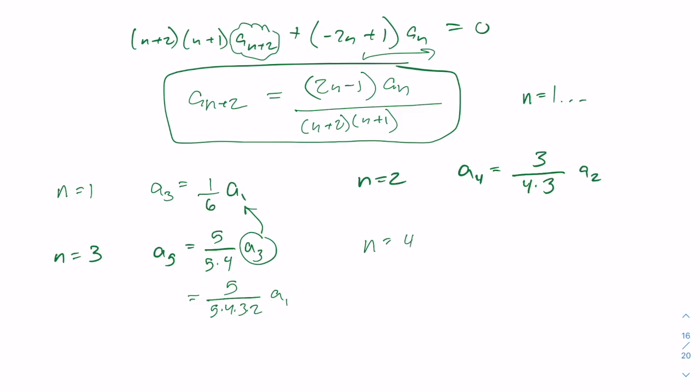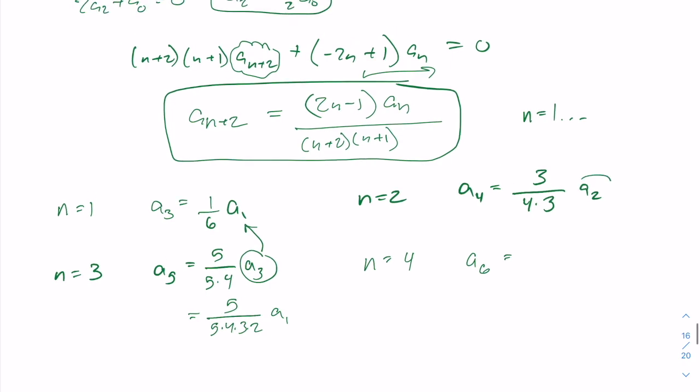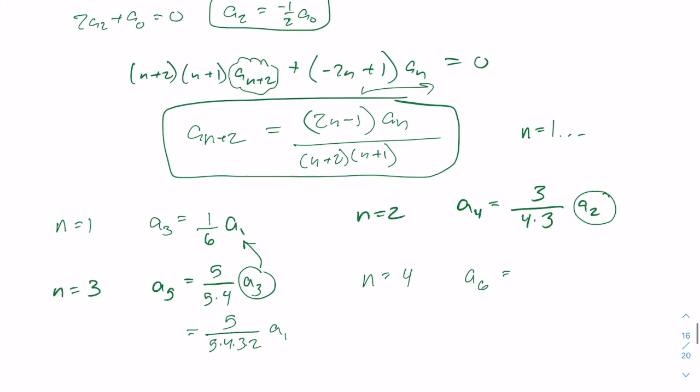N equals 4 gives me a_6. And while I have this here, a_2 I have up above. Let me move this down. This is 3 times 4, 3, 2 with a negative 1 on it, a_0. Interesting.